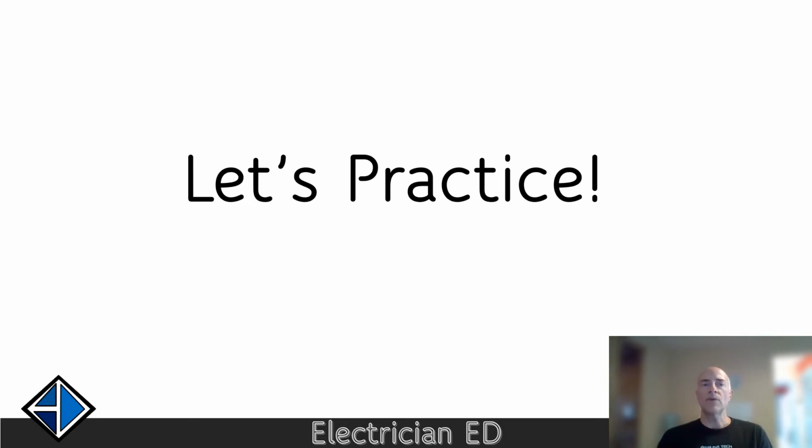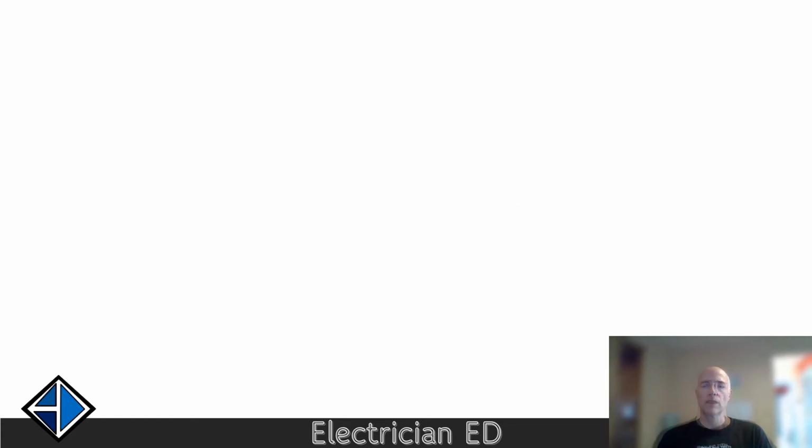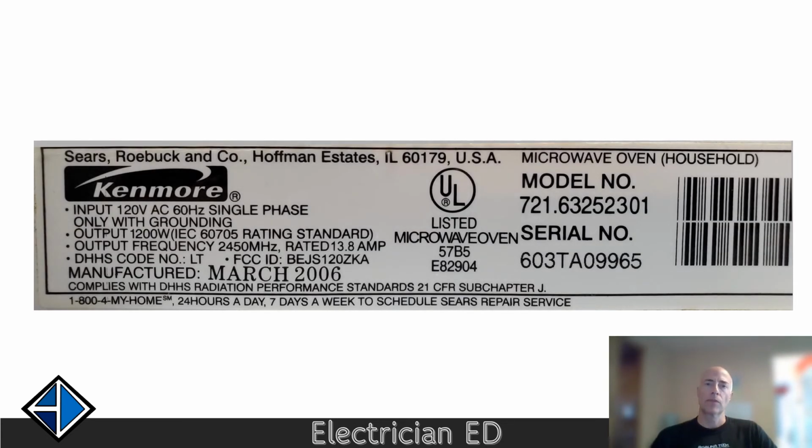So let's take a few nameplates out and do a little practicing. We'll apply these rules that we've talked about. This is a nameplate for a medium-sized microwave, and this is not a commercial unit. It's just a microwave designed for a household.